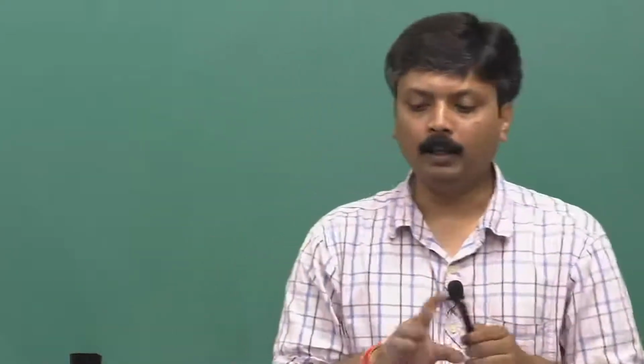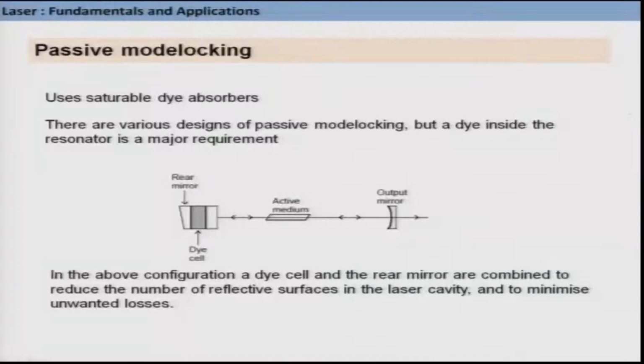Now, other than this active mode locking, what else do we have? We also have something called passive mode locking. We have seen another passive pulsing technique called passive Q switching. What did we do there?